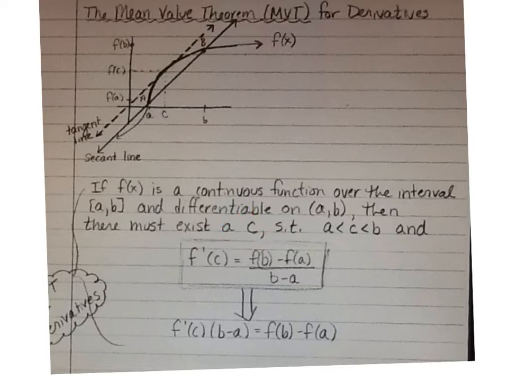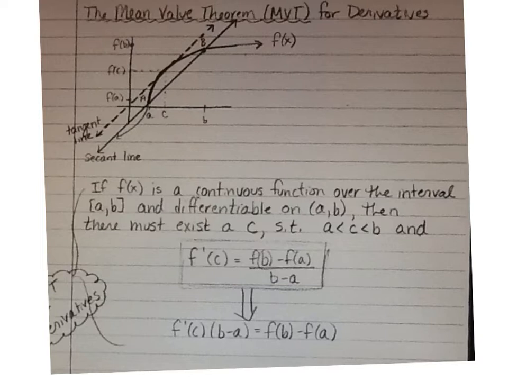So there's some number c where c falls somewhere between a and b, where f prime of c is equal to f of b minus f of a over b minus a. And this is the most usable form of this. Algebraically, you can cross multiply and take the b minus a and multiply it by the f prime of c and get this formula down here.